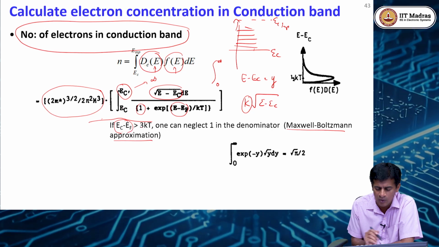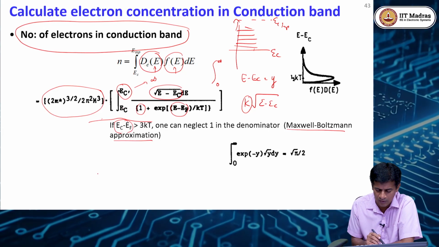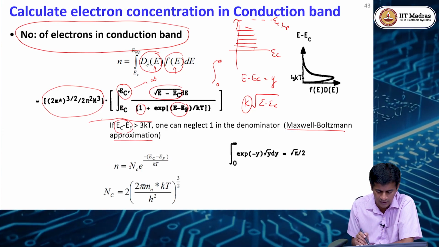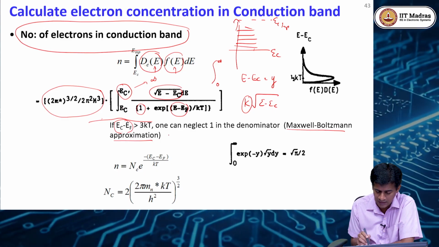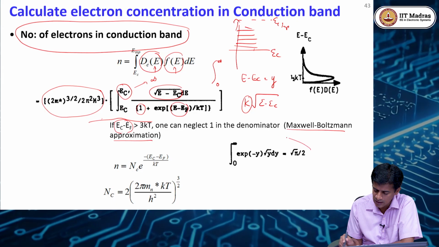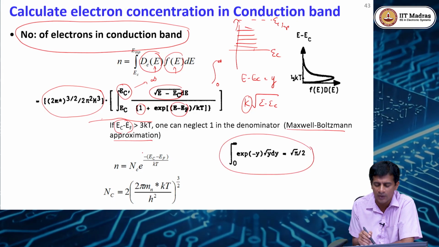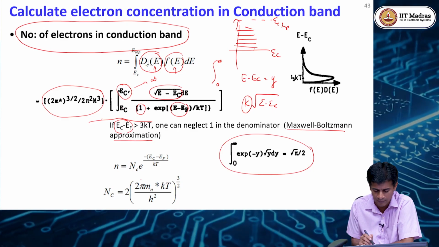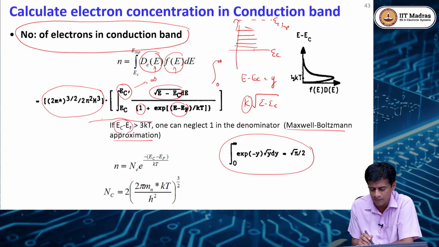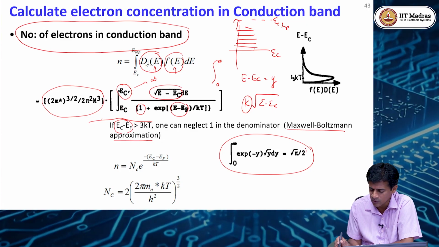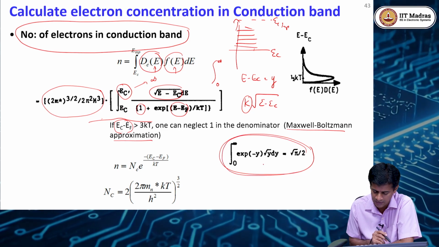Otherwise the integral is very difficult. With this, the integral is essentially a gamma function, and you can get a closed form expression. I am only showing the result. You can try this integral yourself, it is a simple integral, but you need to use this result, which comes from the gamma function.